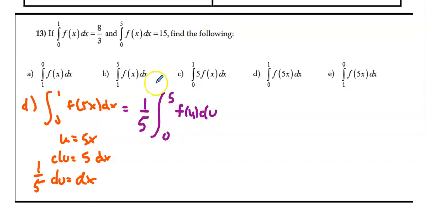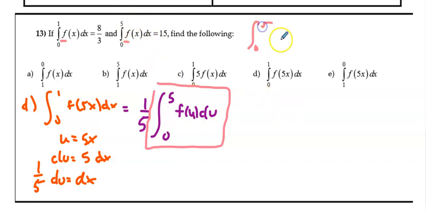One of the things that we talked about is the fact that now we have the integral from 0 to 5 of our function, but we just changed x to u, right? It doesn't matter if I changed this, if we're looking at this in context of the problem, 0 to 5 of f of smiley face dx is still going to be equal to 15.